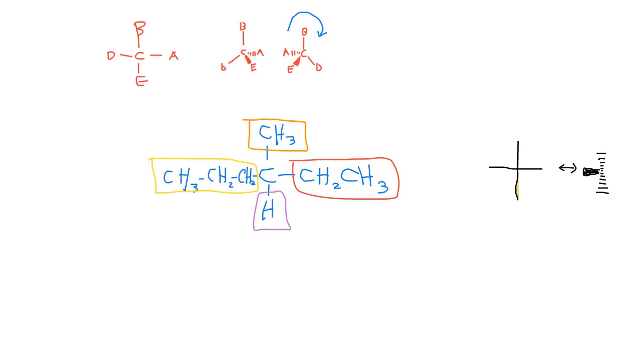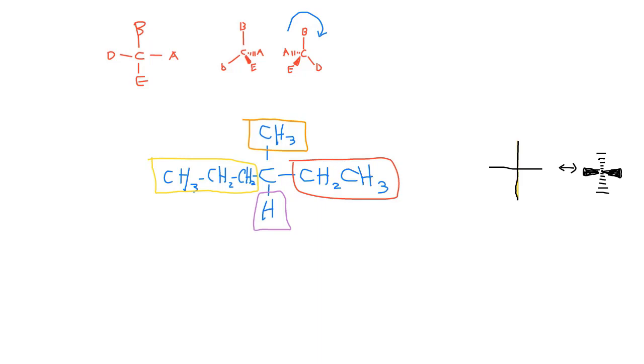So if you have a low priority group like a hydrogen, the lowest priority group, you want either on top or on bottom so that it's going away from you. So the top and the bottom are dashed, they're going into the page, and the side groups are coming out of the page towards you.